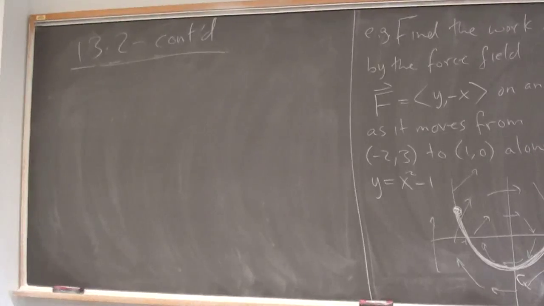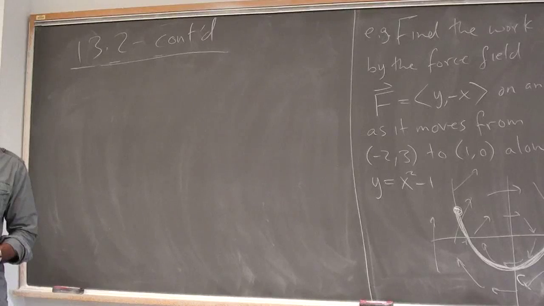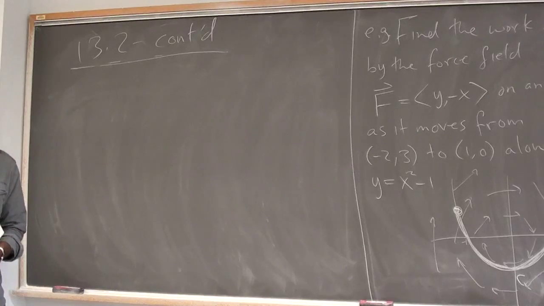Do you need to do this in this section or no? No, I don't care. First, determine R on this place. Couldn't we just parameterize from the two given points instead of setting x to be t? What do you mean, parameterize how? Like the given points -2, 3 to 1, 0?